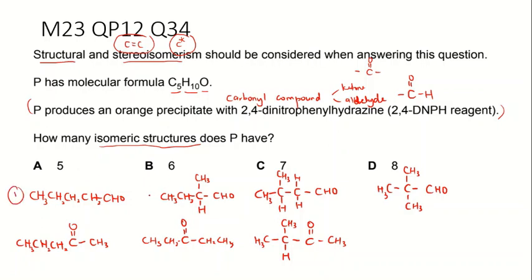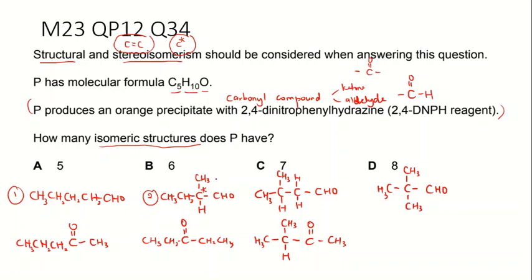Now let's look at the second one. Is there a chiral carbon? Start from the left. No, not a chiral carbon. Second one, not a chiral carbon. The third one is bonded to CH3, CH2 (an ethyl group), hydrogen, and CHO. Yes, 4 different groups of atoms, so it is a chiral center.